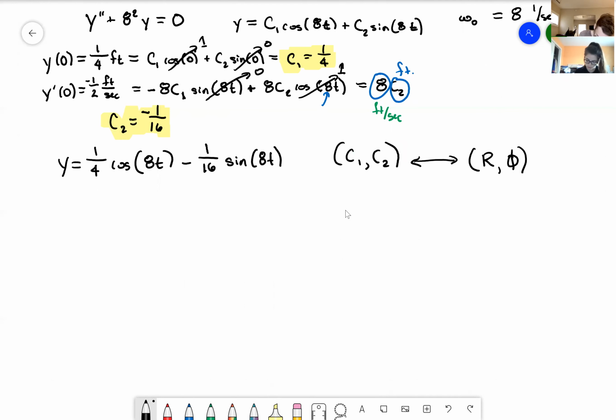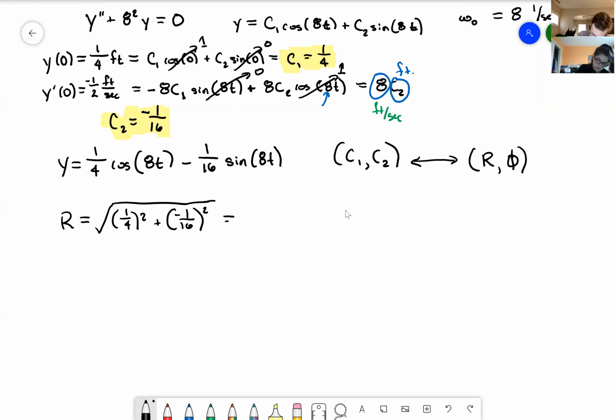Anyway, our r ends up being, okay, we have just enough time to finish. So our r is the square root of 1/4 squared, that's our C1 squared, plus negative 1/16 squared.